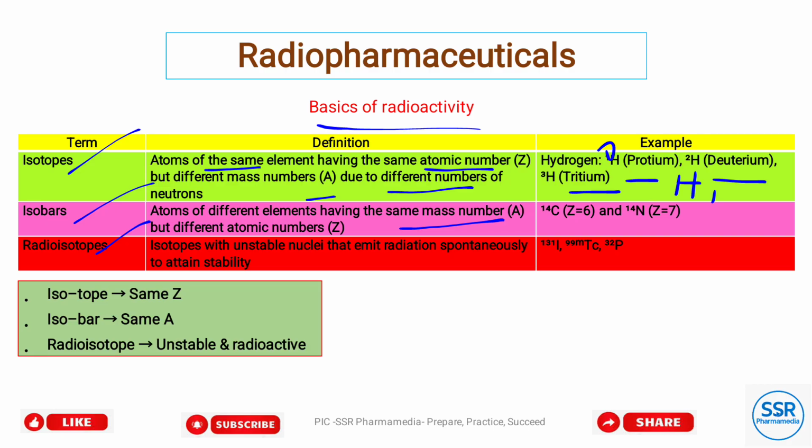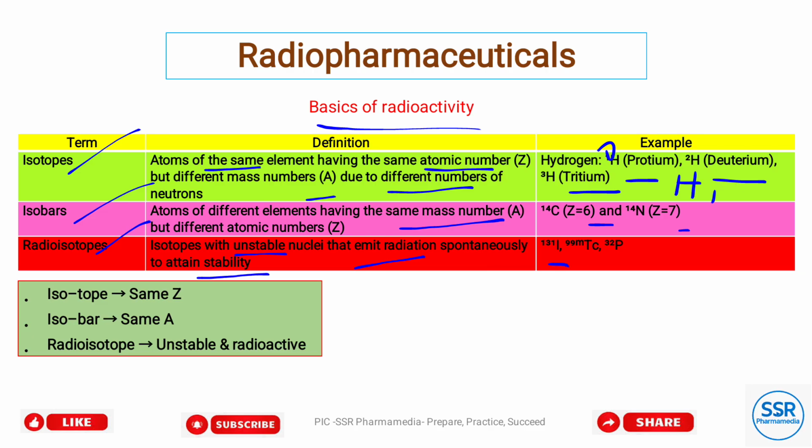So the mass number is the same, 14, and the atomic number is 6 or 7. And radioisotopes are isotopes with unstable nuclei that emit radiation spontaneously to attain stability.